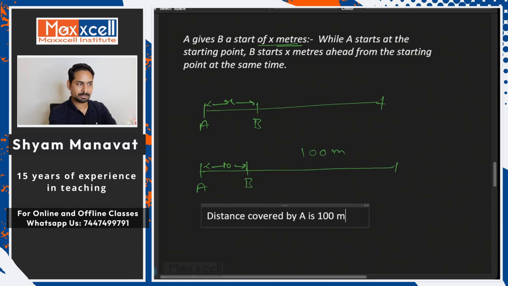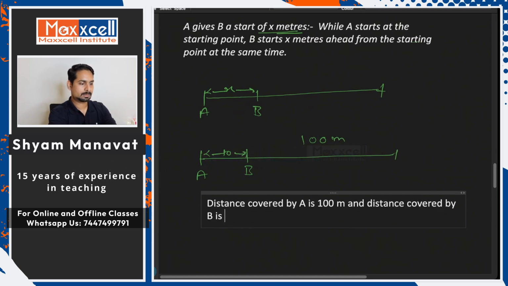If both of them finish the race, it will be 100 meters for A, and for B, the distance covered by B is 90 meters, because B is starting 10 meters ahead, right? So B has only 90 meters to cover, right?